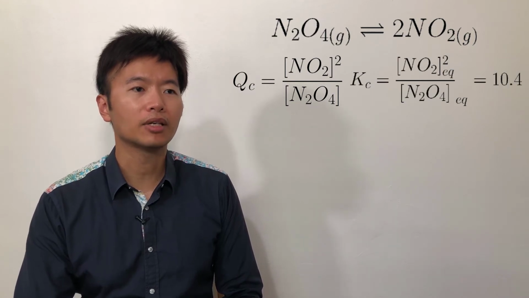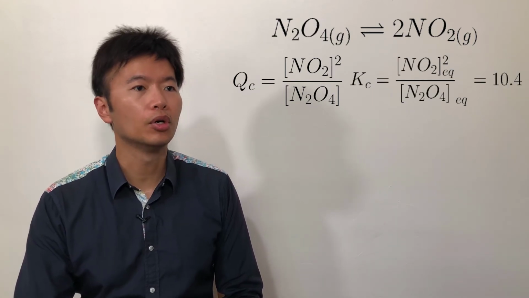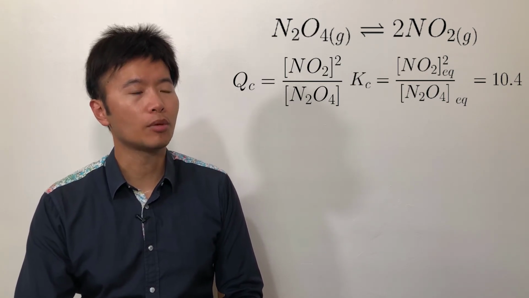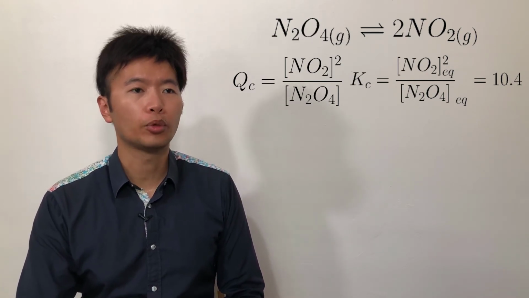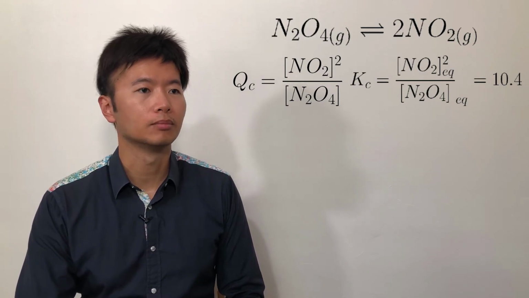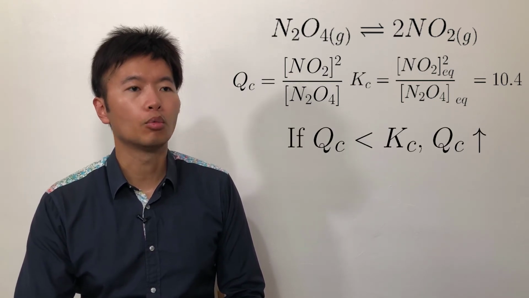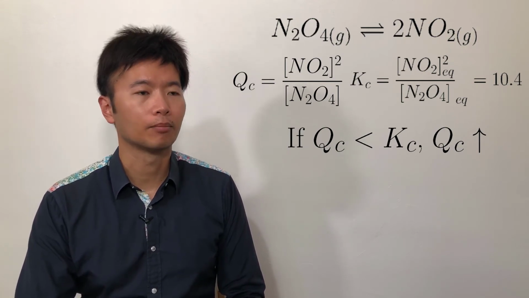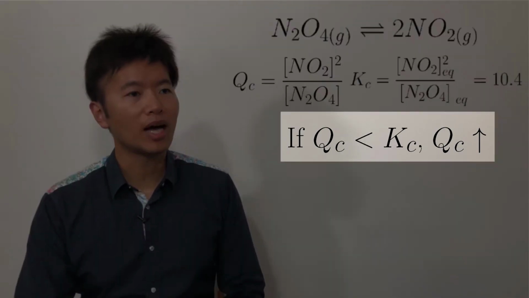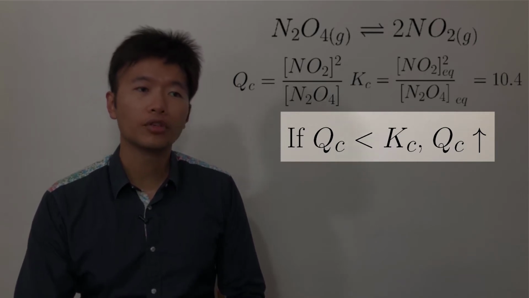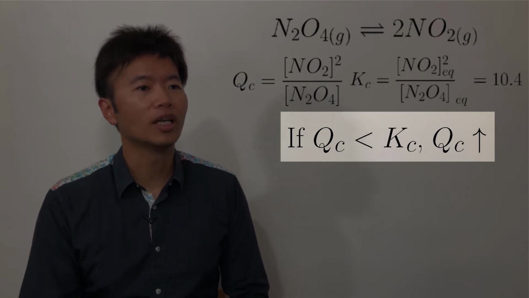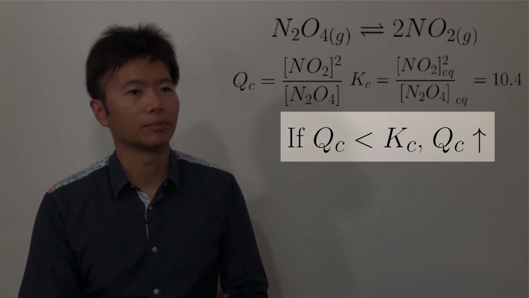I can then calculate the value of Q and compare it with the value of K to determine which way the reaction will proceed. The first example we will look at is when Q is less than K. What that tells us is that the value of Q needs to increase to 10.4 in order to reach equilibrium.